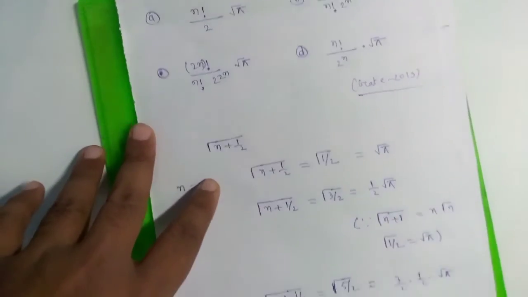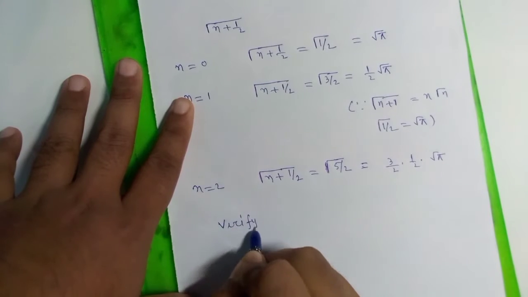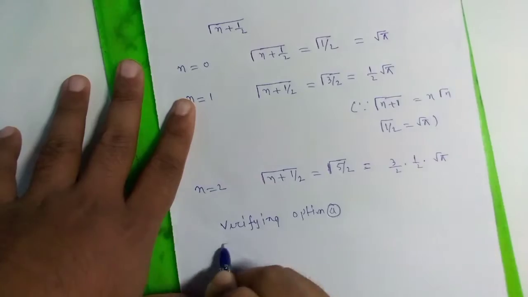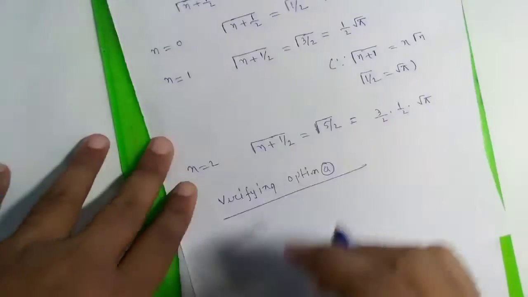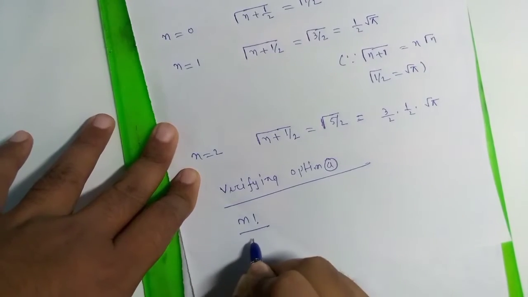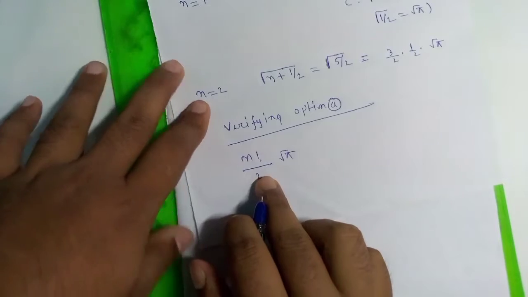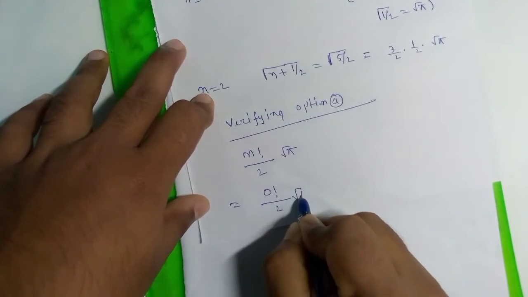Now verifying option A. Option A is n factorial by 2 into root pi. If we put n equal to 0, then it comes 0 factorial by 2 root pi.